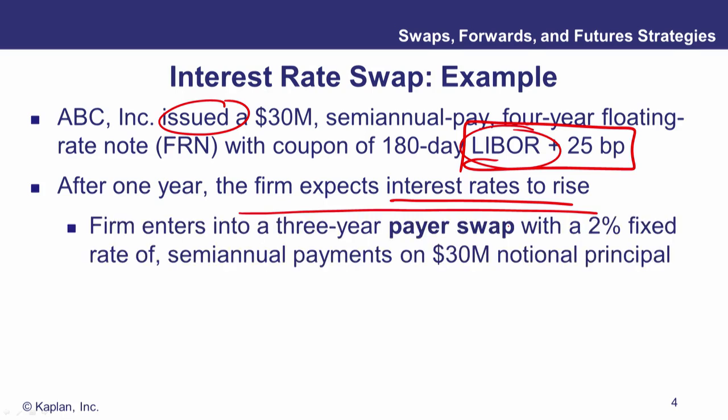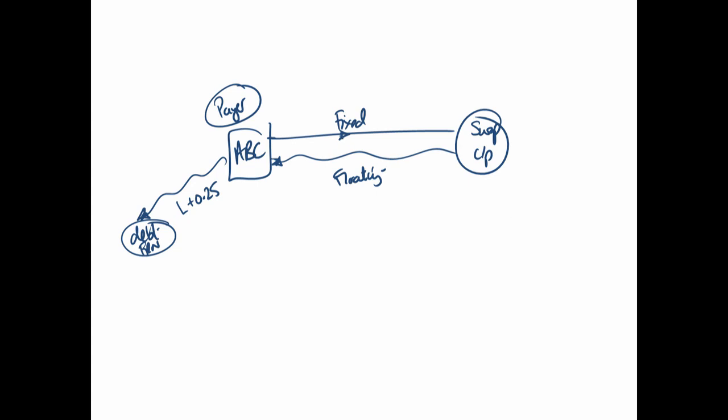So with that, you're going to enter into, yep, there it is, a 3-year payer swap. That's what we deduced by looking at the direction of the arrows. 2% fixed is the fixed leg, and what we get back on the floating side is assumed to be LIBOR by default.